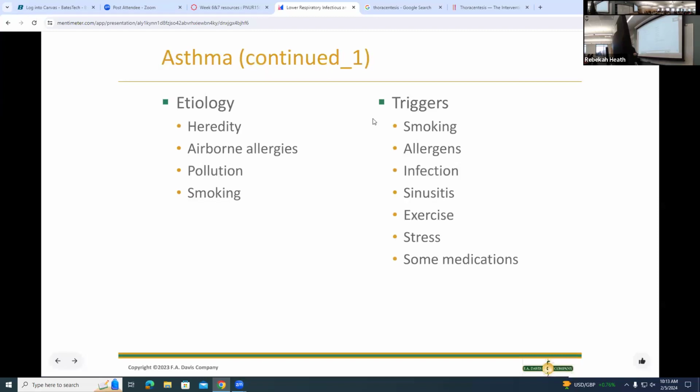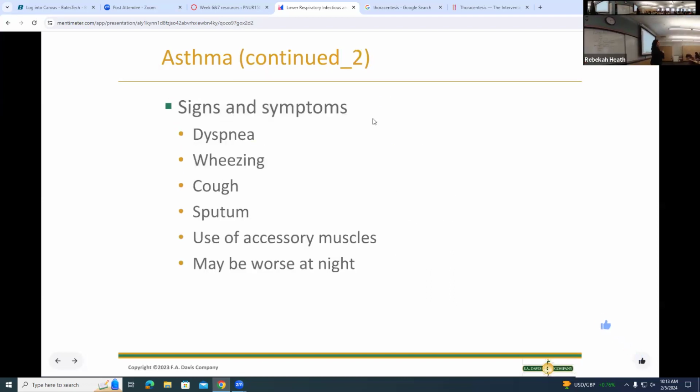Stress. Sometimes people with asthma start having these spasms and bronchoconstriction, not from anything outside, but internally. Their stress hormones actually can trigger an asthma attack. And certain medications can also trigger asthma attacks. It's really important that we teach these patients with asthma to know their triggers.